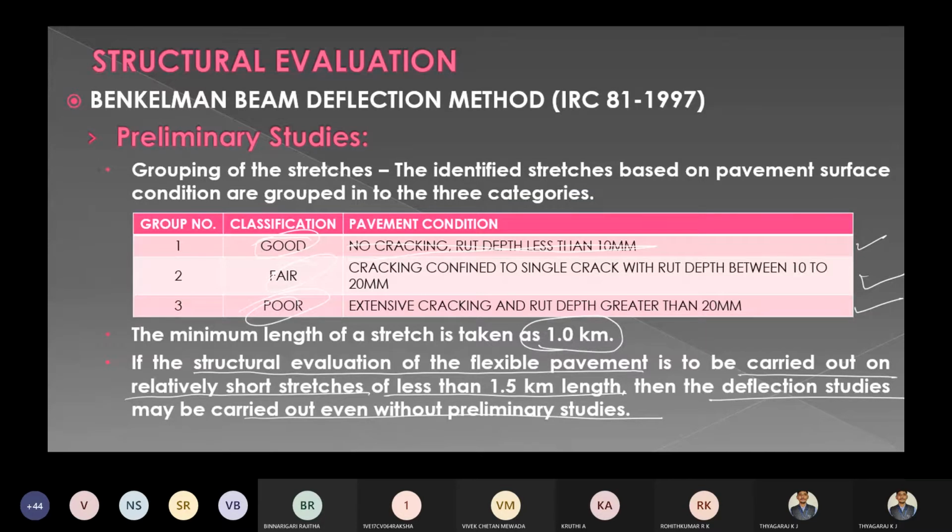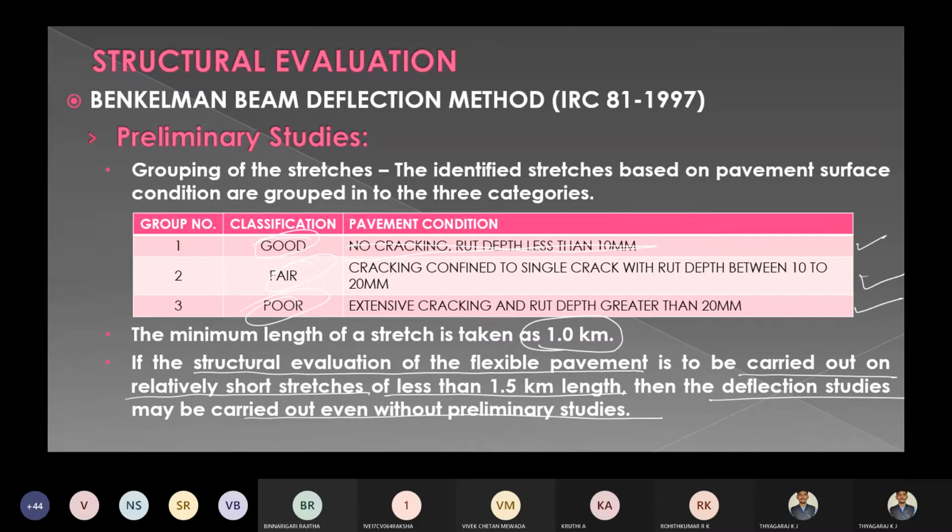The second one is grouping of the road stretch. Based on the pavement condition survey, you are going to group the road stretch. That is, no cracking and rut depth less than 10 mm is good; cracking confined to a single crack with a rut depth between 10 to 20 mm is fair; extensive cracking and rut depth greater than 20 mm is poor.